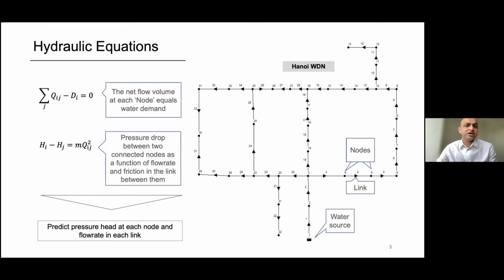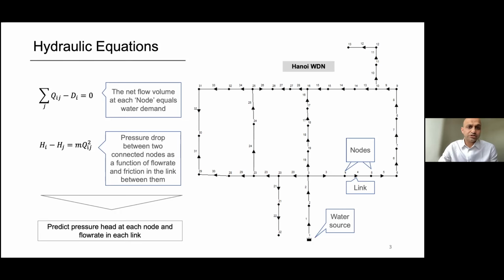Essentially, these equations conserve mass and energy, and they are solved algebraically to predict pressure and flow in the various parts of the network. In fact, for all these exercises, we have used a model like this, which goes by the name EPANET, to generate synthetic data. We'll come to that later.